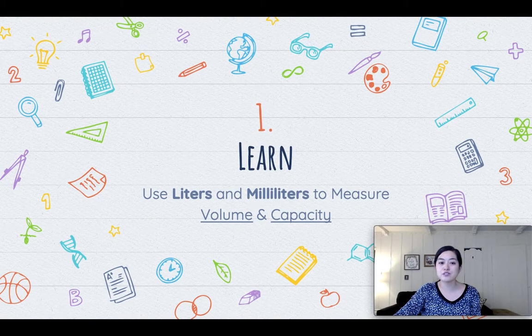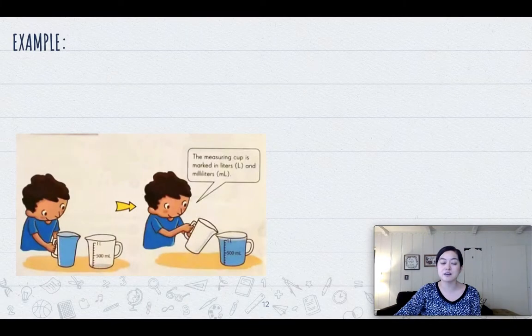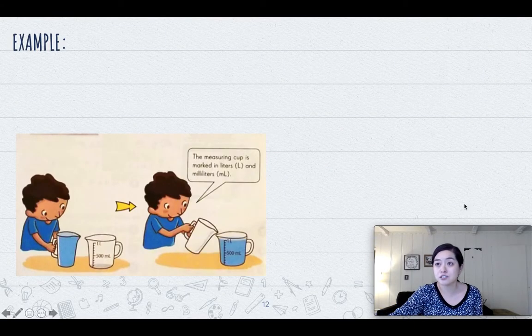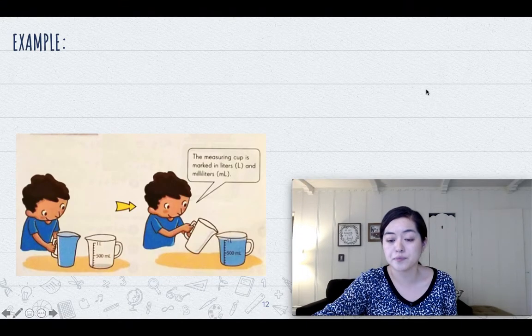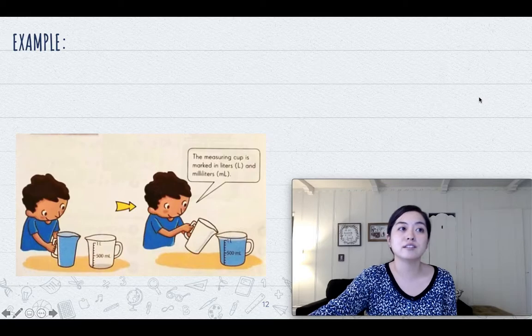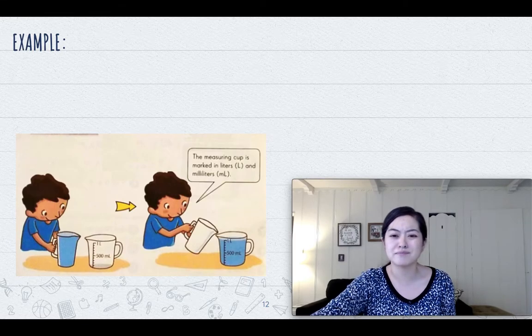So we're going to use liters and milliliters to measure volume and capacity. Let's look at this example. I'm going to just increase my video screen just a tad. Okay. So we have this student and he has a pitcher filled with water and he wants to know how much water is actually in my pitcher.